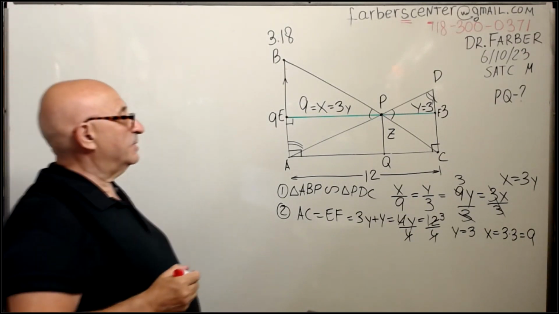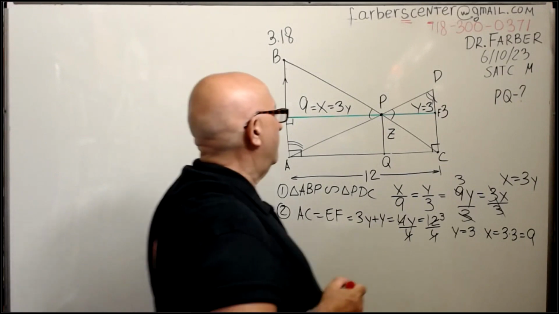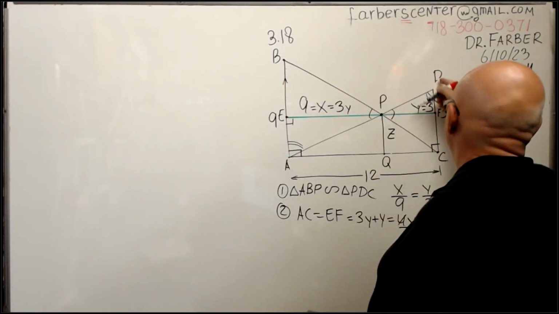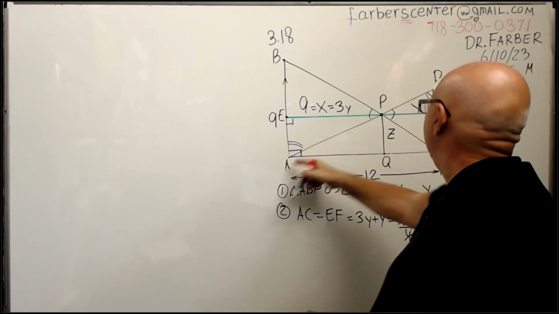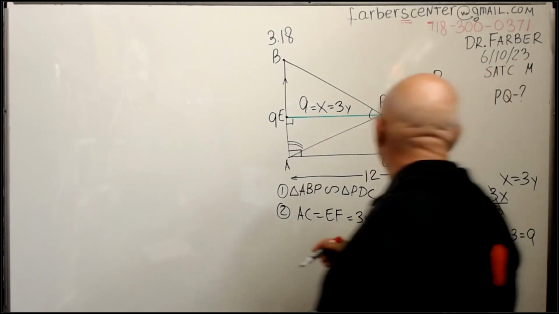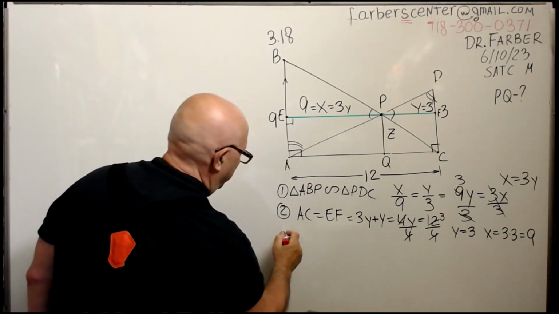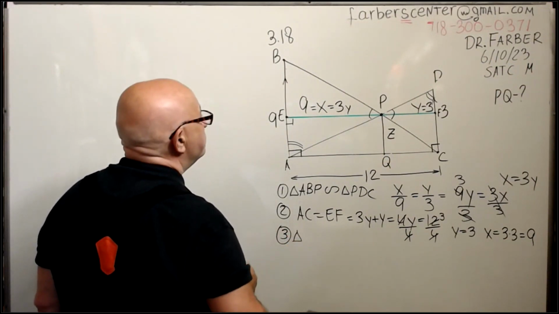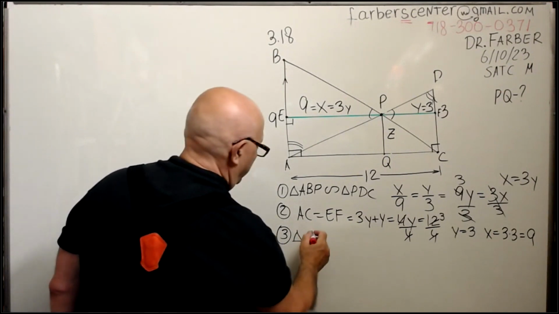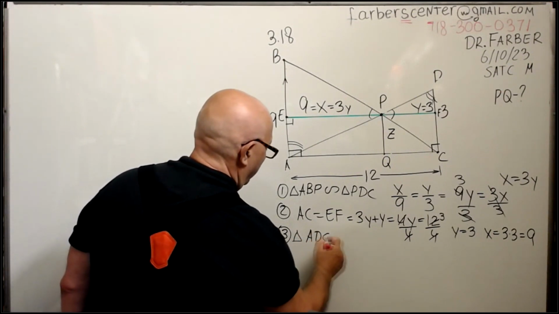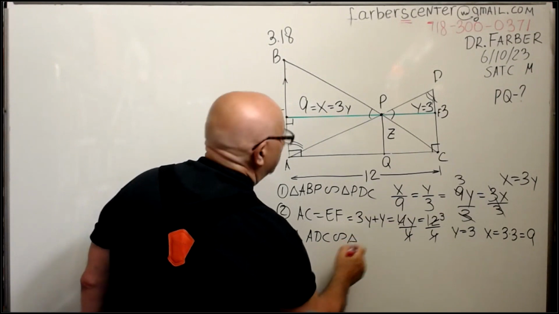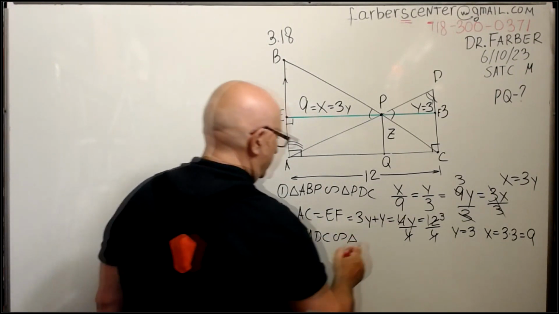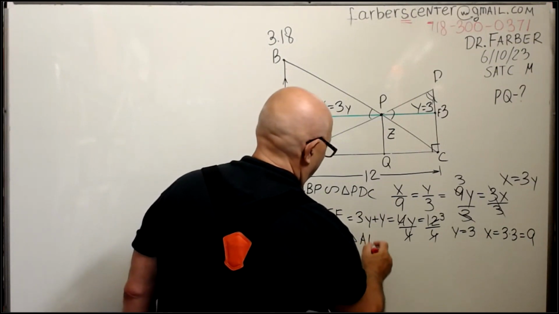Next, look at this. I have another two triangles, ADC and APQ. Step number 3. Triangle ADC is similar to triangle APQ. Why is it similar?